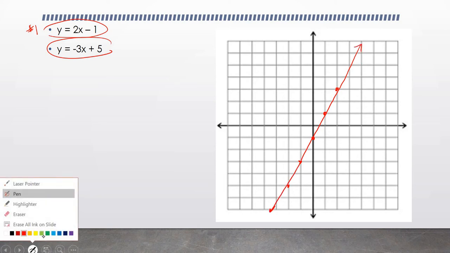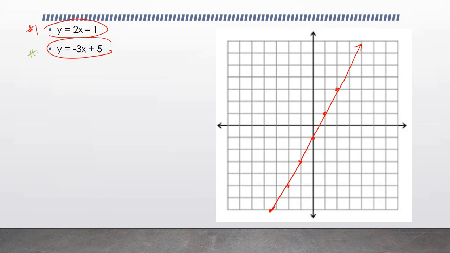Okay, I'm going to switch colors to do graph number 2. So graph number 2 is going to be green. We go up 5. 1, 2, 3, 4, 5. My slope is down 3, to the right 1. And I'm going to connect those.